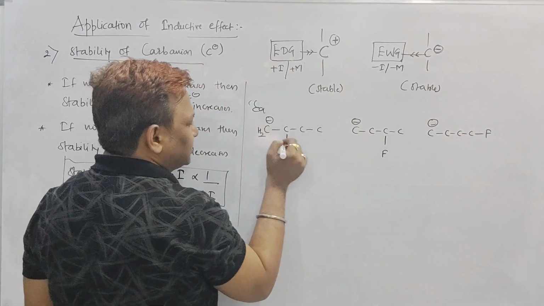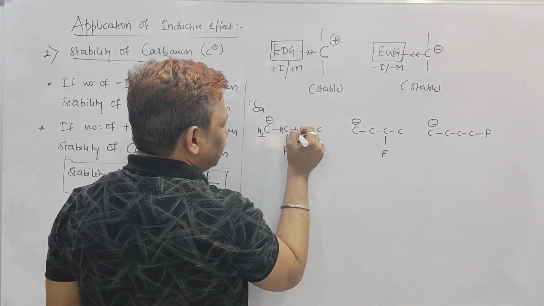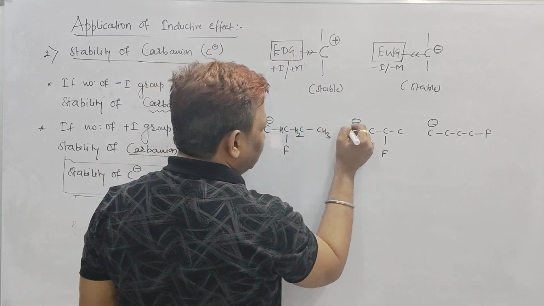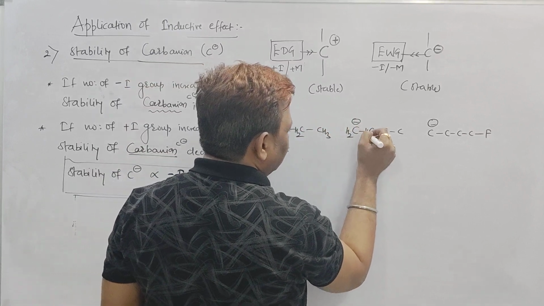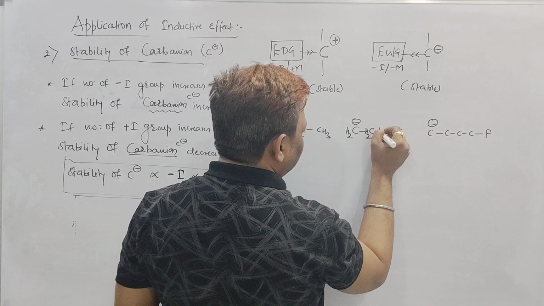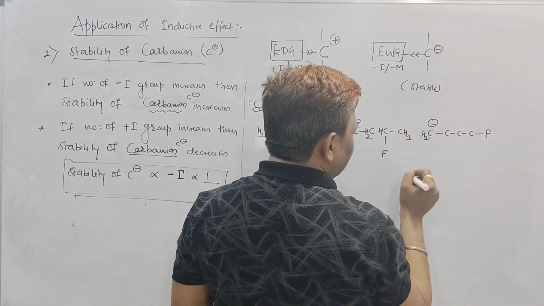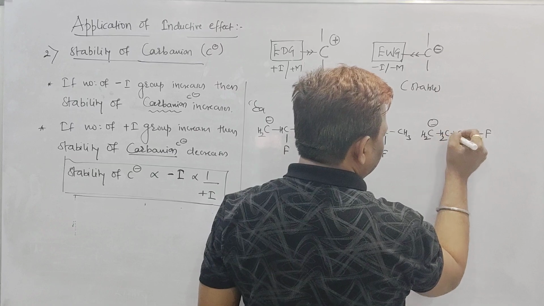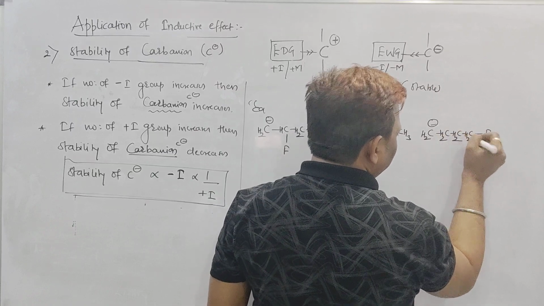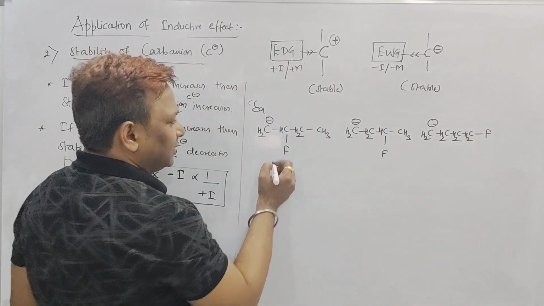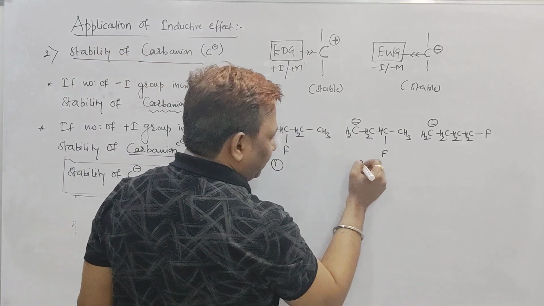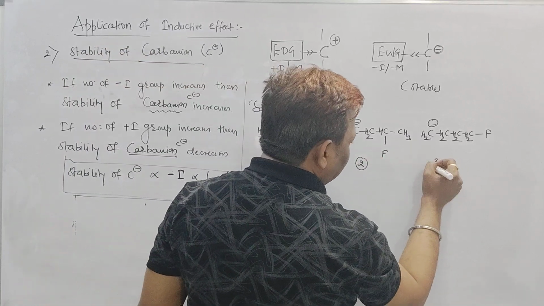I can write CH2, CH, CH2, CH3 and so on. See beta, compound number 1, compound number 2, compound number 3.